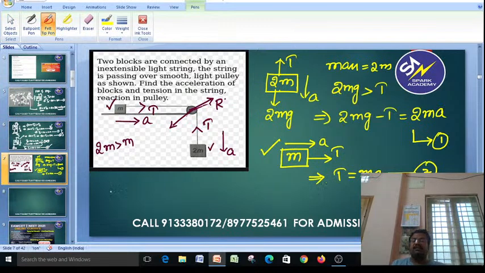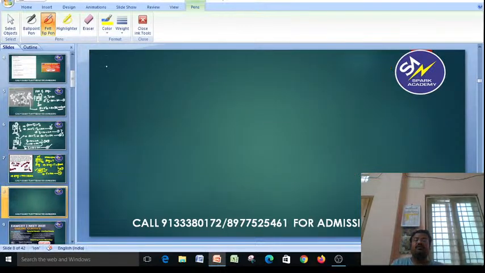Substitute the second equation in the first equation. What you will get: 2mg minus T is equal to 2m into a, so 2mg is equal to 3m into a.